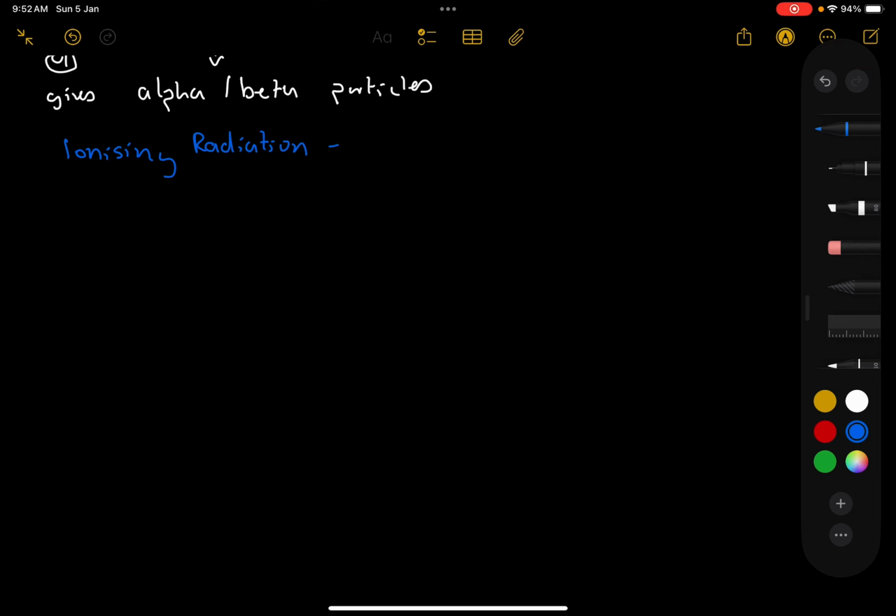And basically, in simple terms, ionizing radiation occurs when unstable nuclei decay. They're going to emit ionizing radiation.